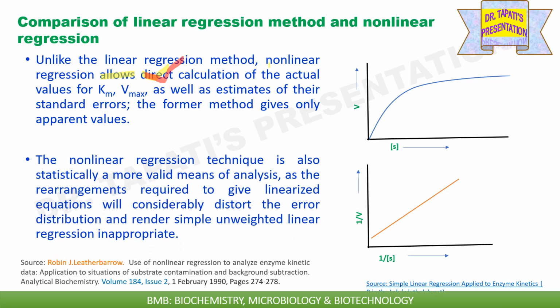The nonlinear regression technique is also statistically a more valid means of analysis, as the rearrangements required to give linearized equations will considerably distort the error distribution and render simple unweighted linear regression inappropriate.